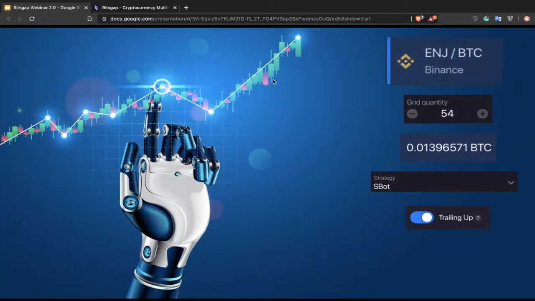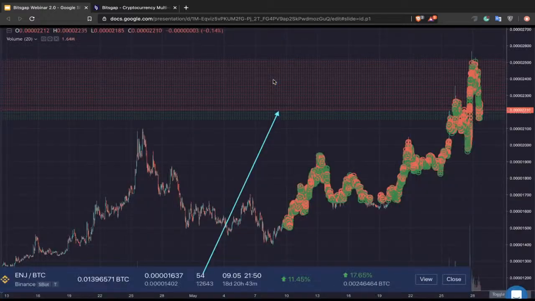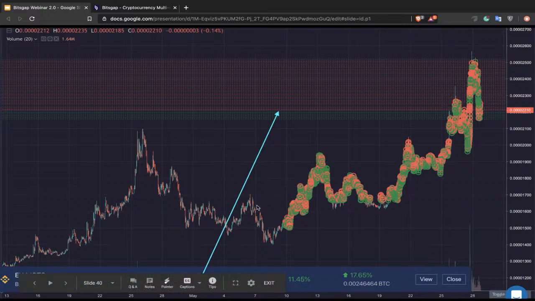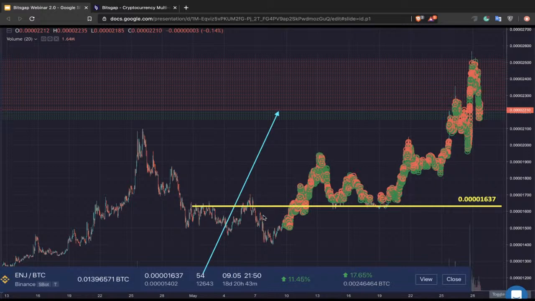So here's the example. That's NG trading to BTC, and I've executed this bot back in May, so that was 9th of May 2020, and you see that my trading range is now over here at the very top. At the beginning, my trading range was over here. You see?